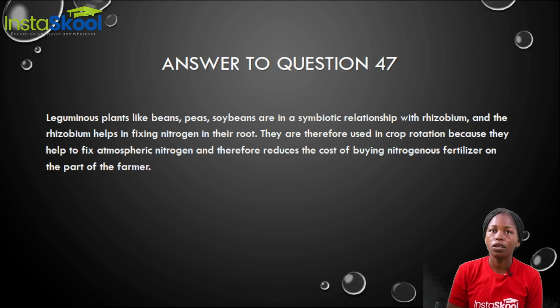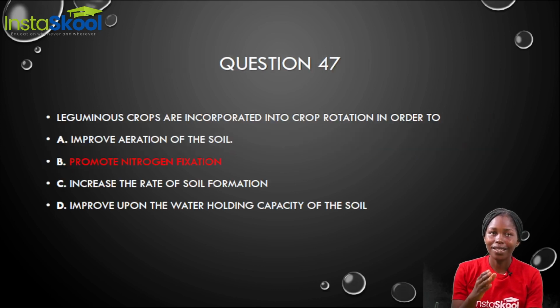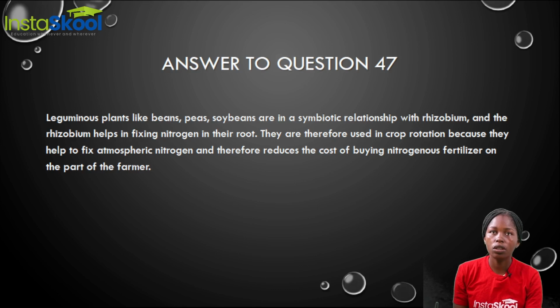So these leguminous plants are used in crop rotation, and this is because they can help to fix the nitrogen present in the air. And this will also help a farmer because it will reduce the cost of buying nitrogenous fertilizer for use on the farm. So our answer is option B, because leguminous crops promote nitrogen fixation due to the symbiotic association with rhizobium.